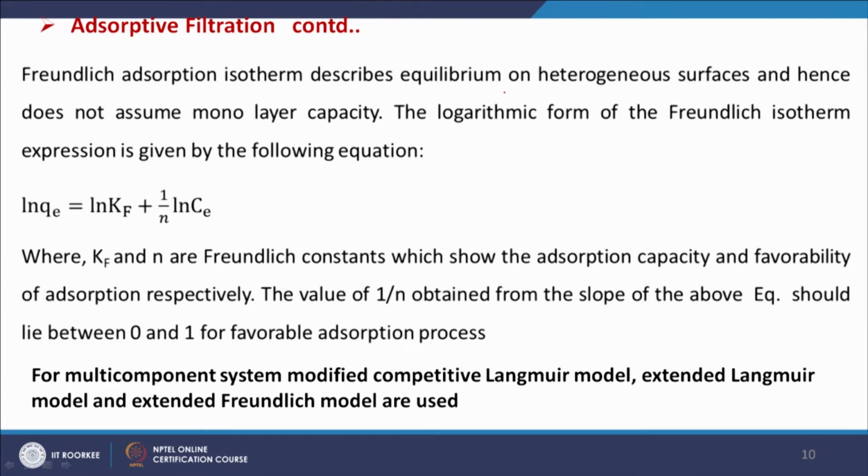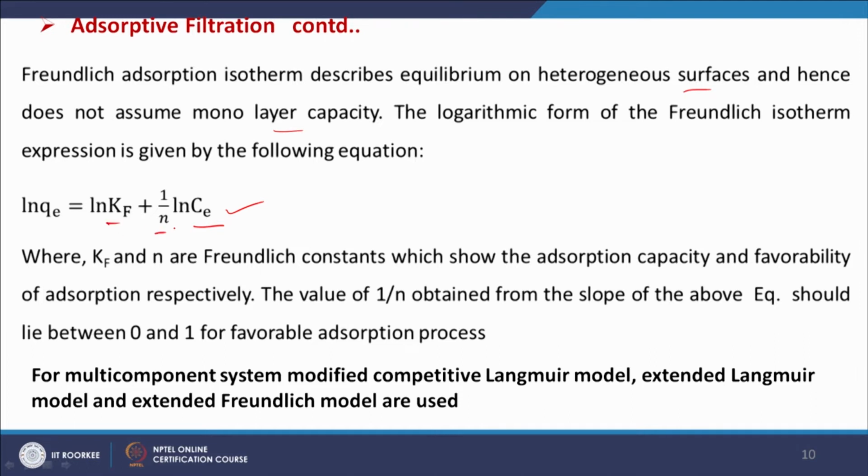Another adsorption isotherm which is mostly used is the Freundlich isotherm, and the Freundlich adsorption isotherm describes equilibrium on heterogeneous surfaces and hence does not assume monolayer capacity. The logarithmic form of the Freundlich isotherm is given by this expression: ln Q = ln K_f + (1/n) ln C_e. By doing experiments we can find the values of K_f and n.